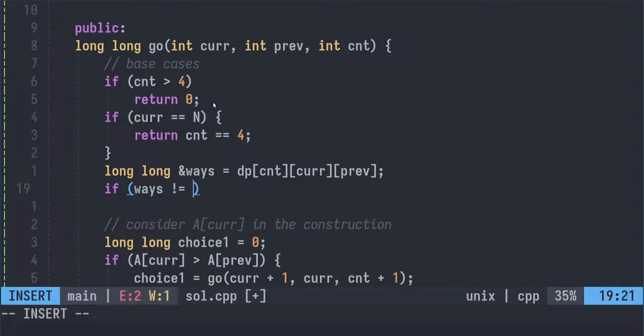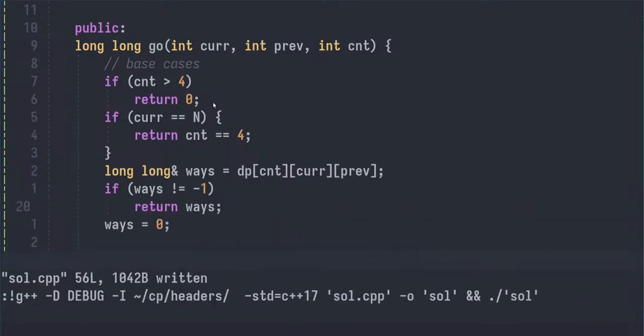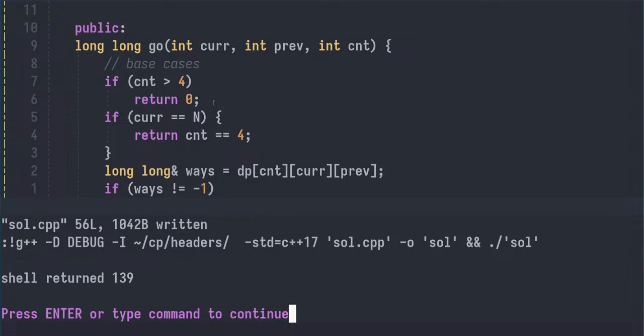If it is not minus 1, then we know that this is visited and we can return from here, or else we compute it. The answer should still be 2 and 1, but the time complexity now is order n square.